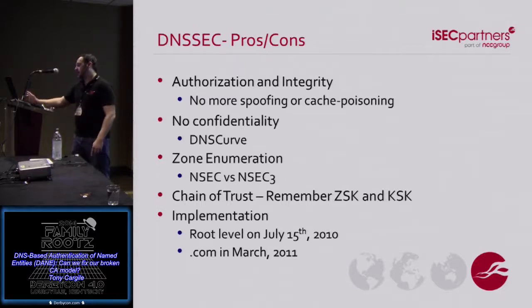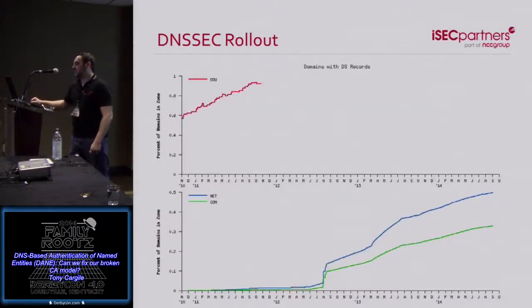And then the last problem, and it's the biggest problem with DNSSEC, is just the fact that it's implementation specific. The root zone was finally compliant with DNSSEC in 2010, and .com finally got keys in March of 2011. But as you can see, here's a graph, and it's kind of small.